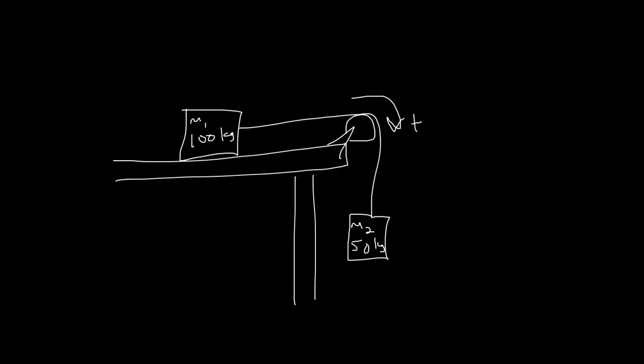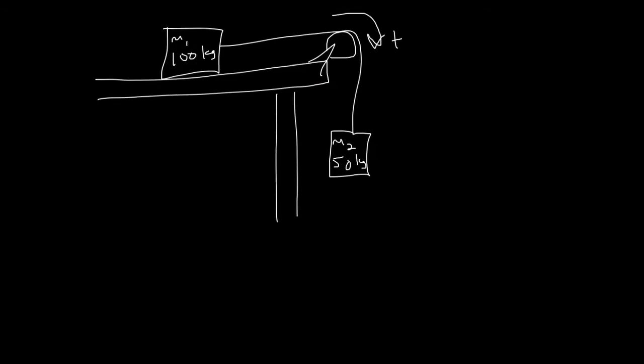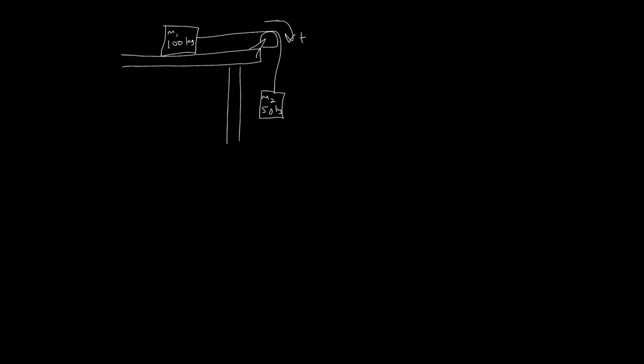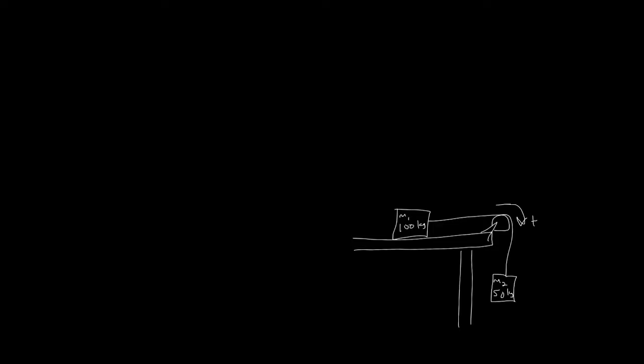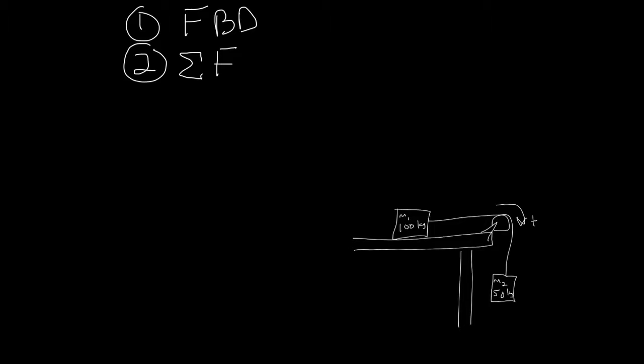Now, anytime we're considering this, we want to consider 3 steps. First things first, forces. Get our free body diagram, get those forces out there. Once we do that, we figure out what our net force is on this object.